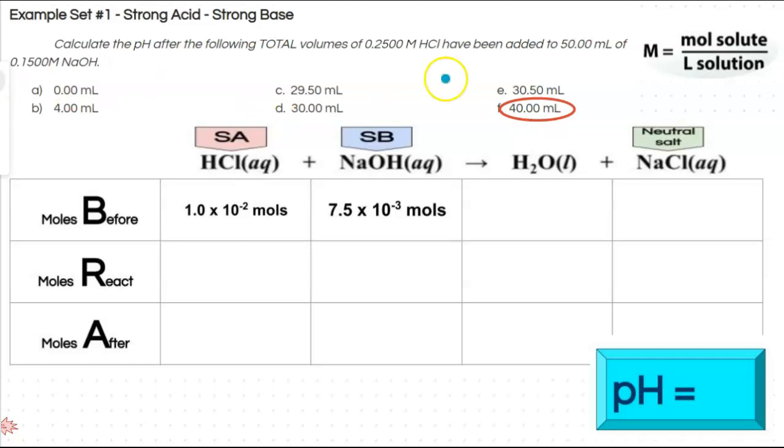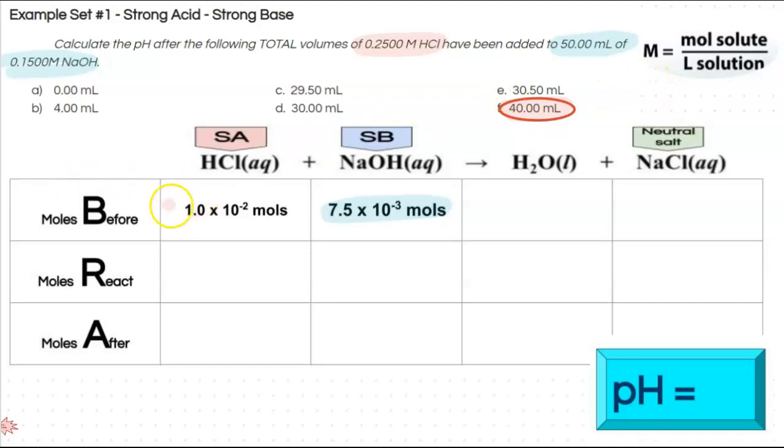When I am looking at my sodium hydroxide, I continue to have that 50 milliliters of 0.150, which gives me the 7.5 times 10 to the negative third moles of base. I have a new volume of acid. I'm adding 40 milliliters of my 0.25 molar hydrochloric acid, using the molarity equation to find my moles again.